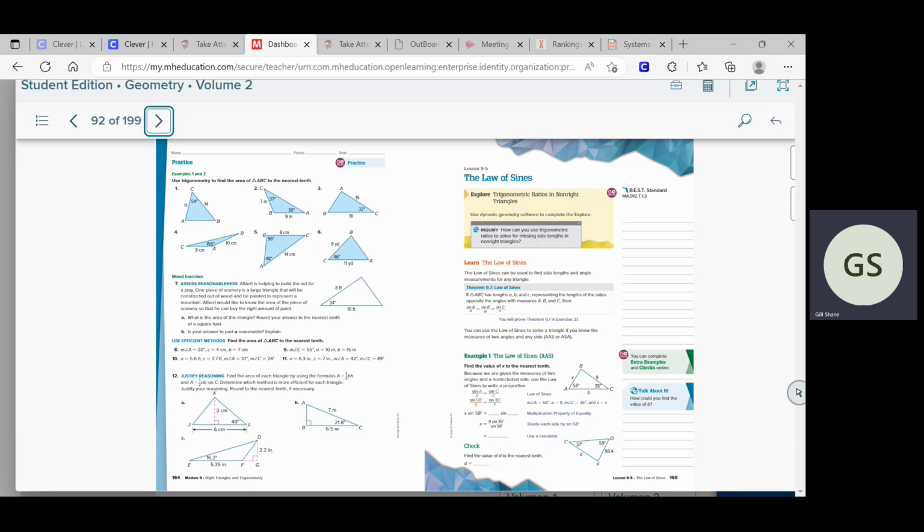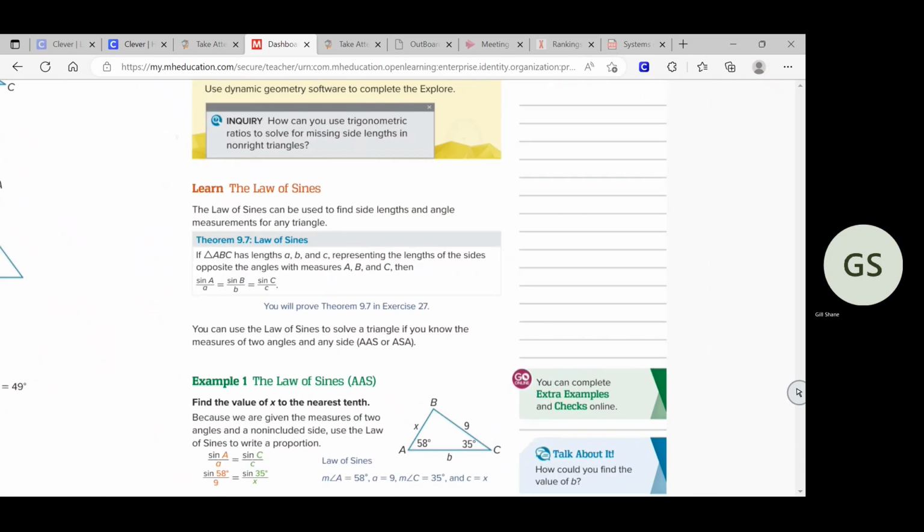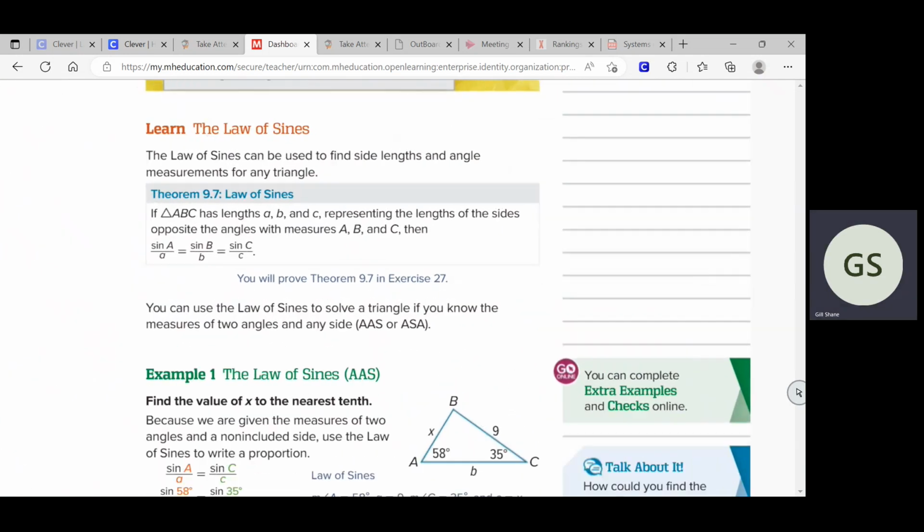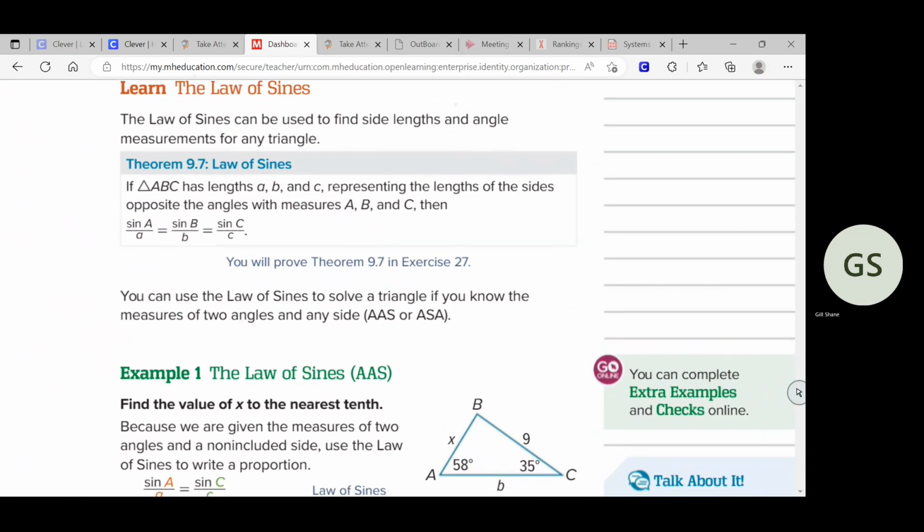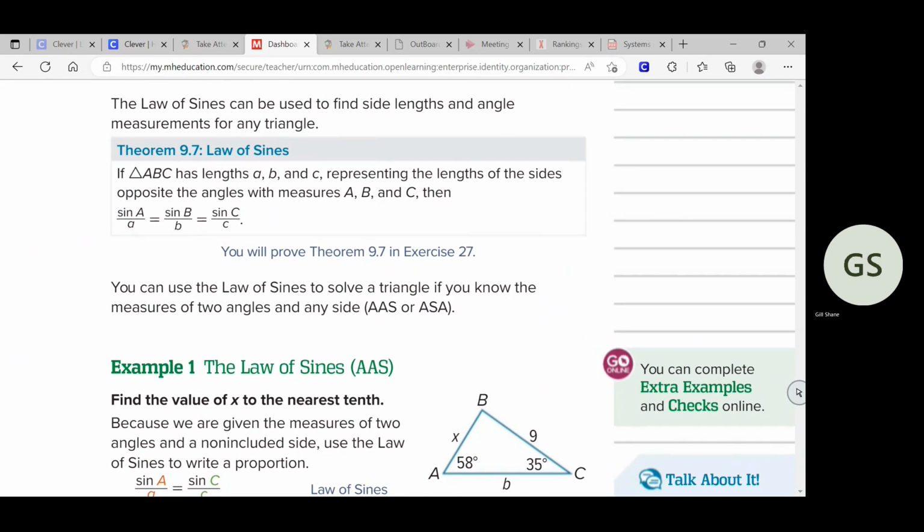Now this is the new stuff, brand new to everybody. This is totally memorization. All right, this is what you've got to know.